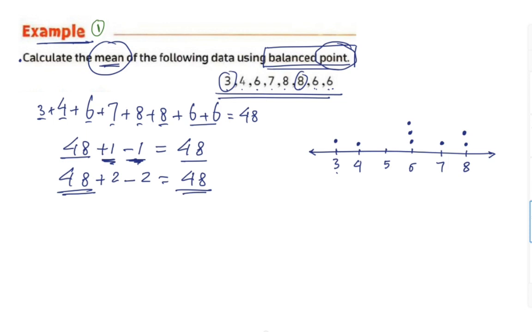Because to find the balance point, you need to move these points this way. If I move this point one step here and delete it, now I added 1, because I moved from 3 to 4.